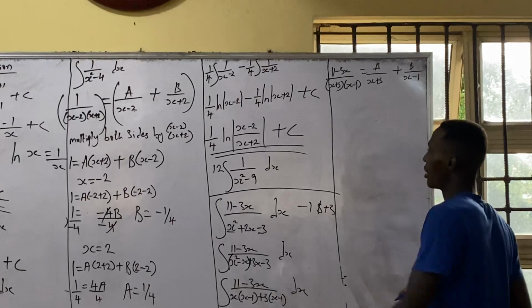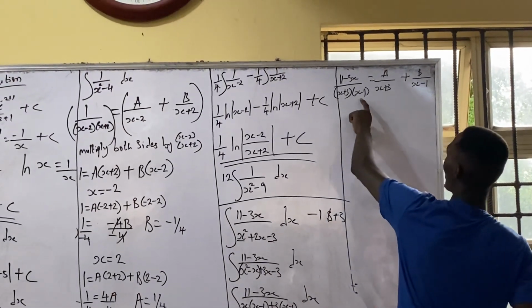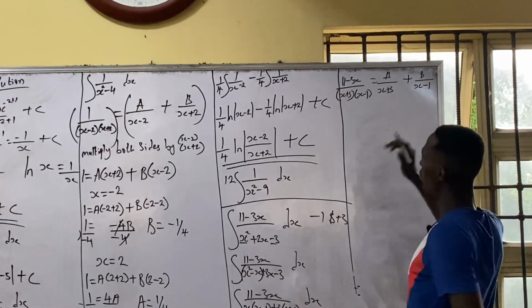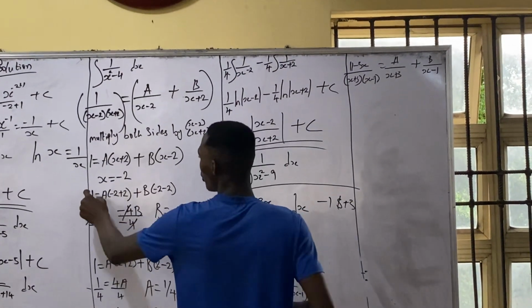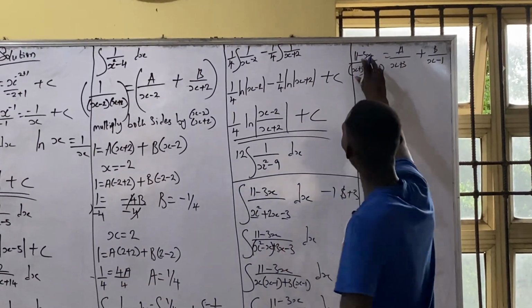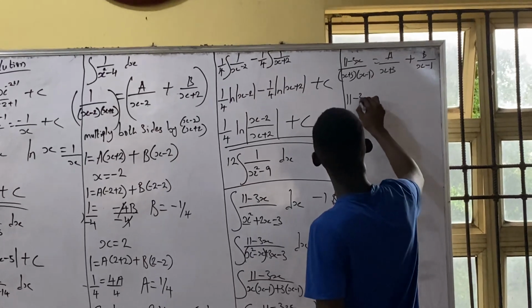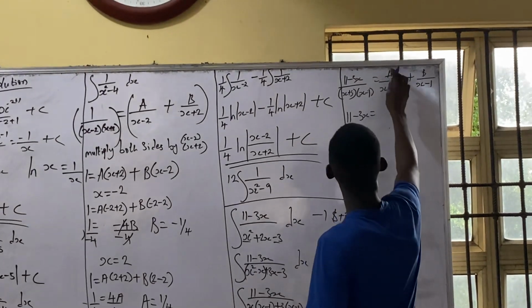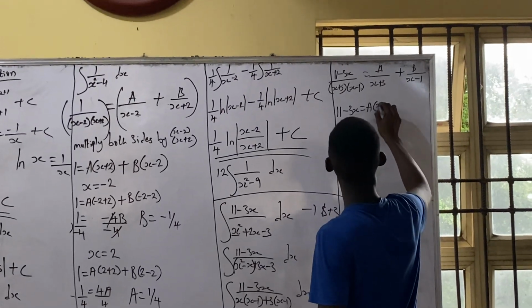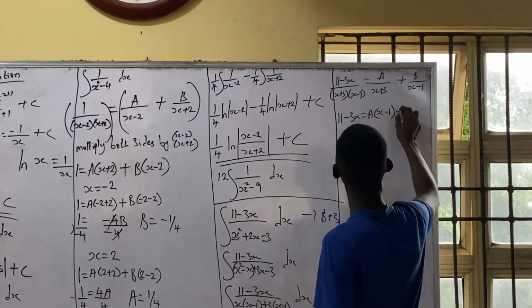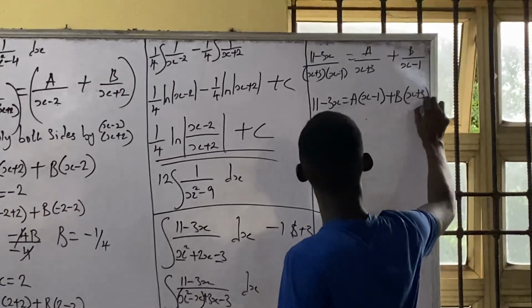Following the same method that we apply, this time around, to be x plus 3 and x minus 1, you multiply it by both sides. So now the difference there is, in our previous one we are left with just 1, but for this we are still left with what? 11 minus 3x is equal to a in bracket x minus 1 plus b in bracket x plus 3.